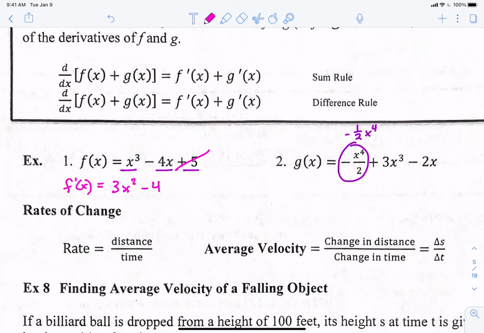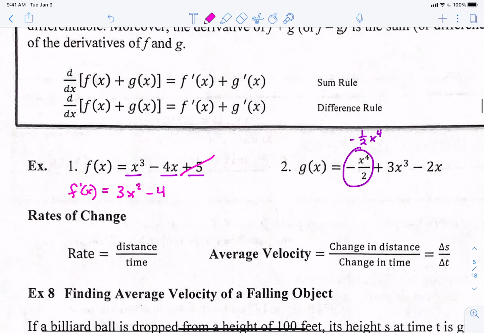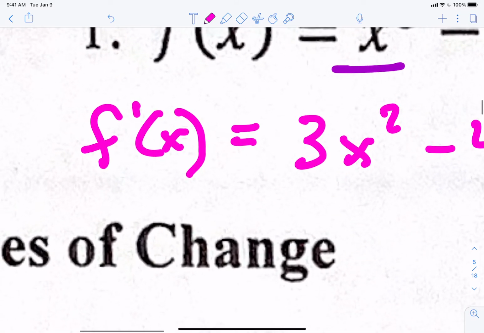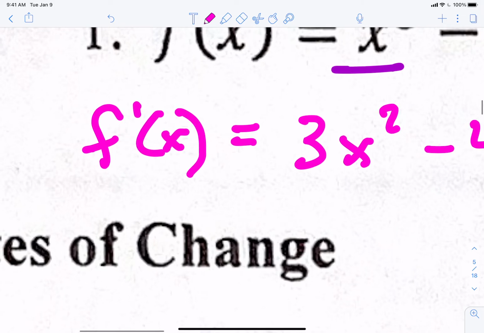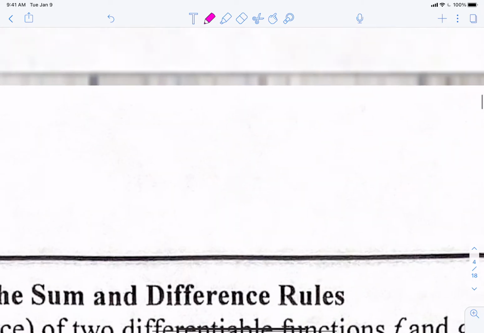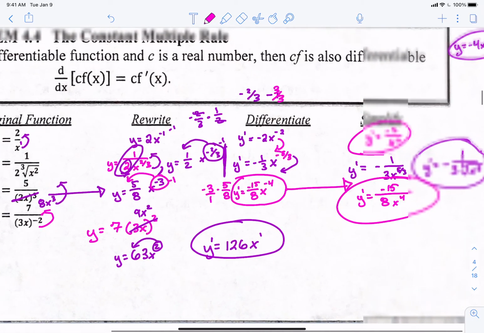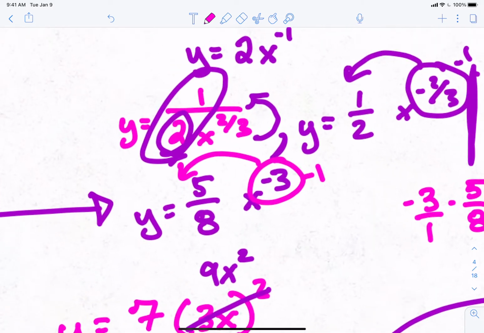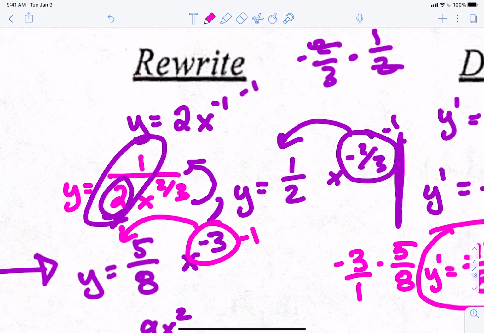Here's my little vouch for that. If you forget to put that on the beginning, it's not that big of a deal, but up here when we were doing all of these things, we rewrite and we differentiate and we simplify, there were some of these problems where we had to rewrite it 3 times before we could even take the derivative, right?